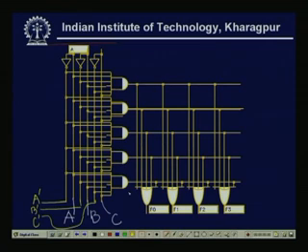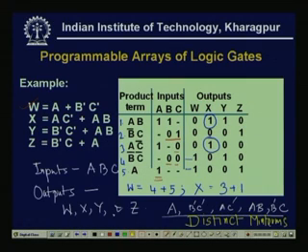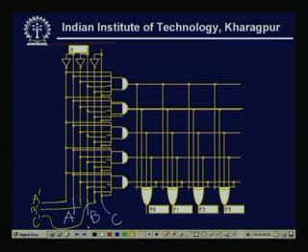As there are 5 distinct product terms, A, B dash C dash, A C dash, A B, B dash C, these min terms are generated by these AND gates, and these 5 distinct min terms will be available here.